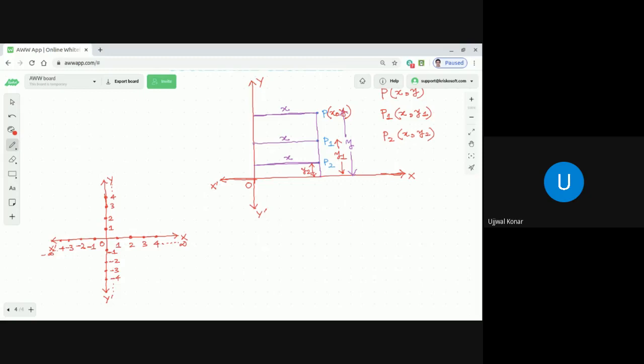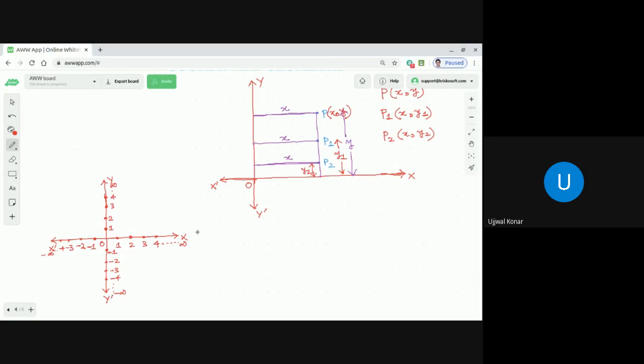Above the point 0, we define the positive numbers like 1, 2, 3, 4, and it goes up to infinity. When it comes down, that is, below the x-axis and below the origin along the y-axis, or in other words towards oy dash, it is -1, -2, -3, -4, and it goes up to minus infinity.